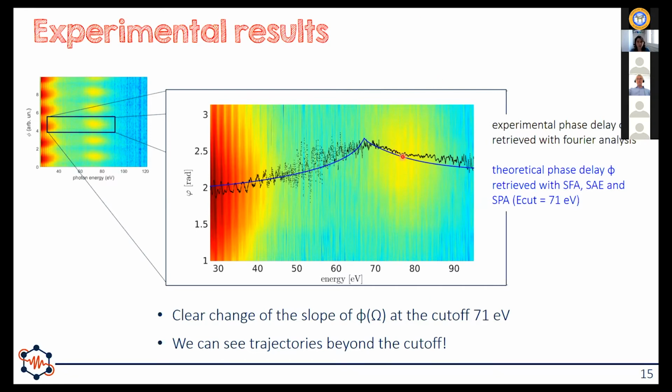We have a huge signal beyond the cutoff. And it took us a long time to believe this signal and give an interpretation to it. But in the end, now we trust, also because of different experiments, that we have this cutoff at 71 eV. There is a clear change of the slope of the phase at this energy value. And so we can see trajectories beyond the cutoff. And this was already a nice result.